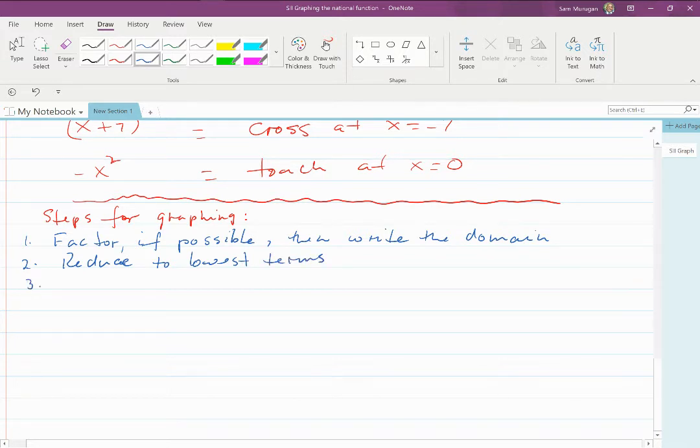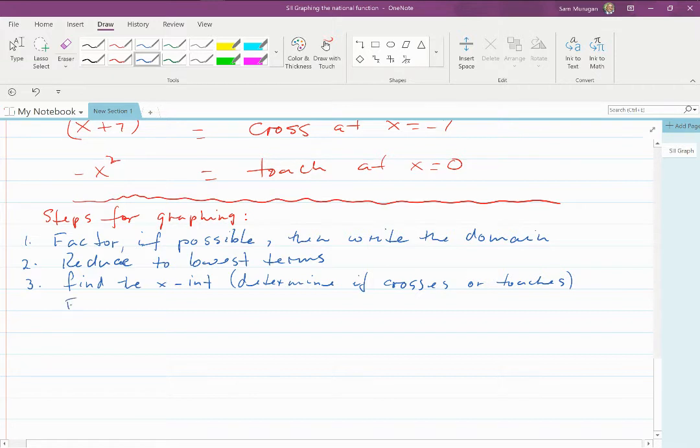Step 3, find the x-intercept, determine if it crosses or touches. And we do that from the multiplicity.